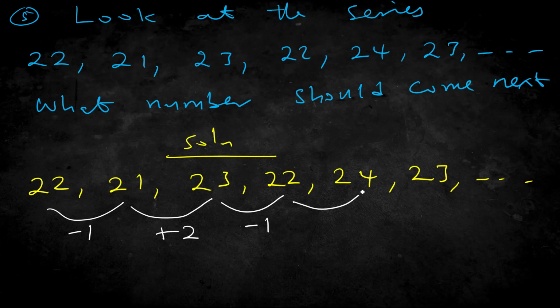Then 22 to 24, plus 2. Look: minus 1, plus 2, minus 1, plus 2. So the next one will be plus 2. What do you think the answer will be? So this side will be 25. As simple as that.